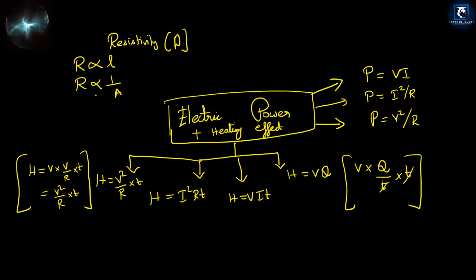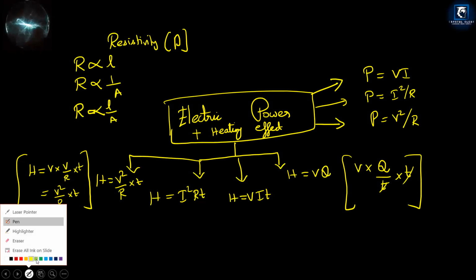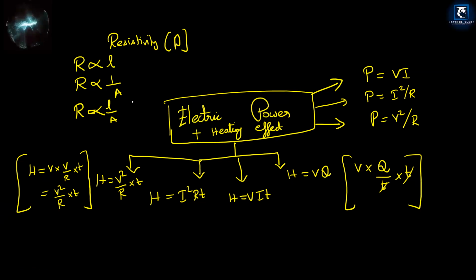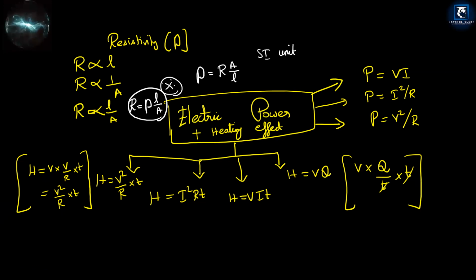To relate this, we are going to use a formula: R is proportional to L by A. To remove the proportionality, we introduce a constant term, so R is equal to rho into L by A. This is another formula: rho is equal to R into A by L, and the SI unit for resistivity is ohm meter.